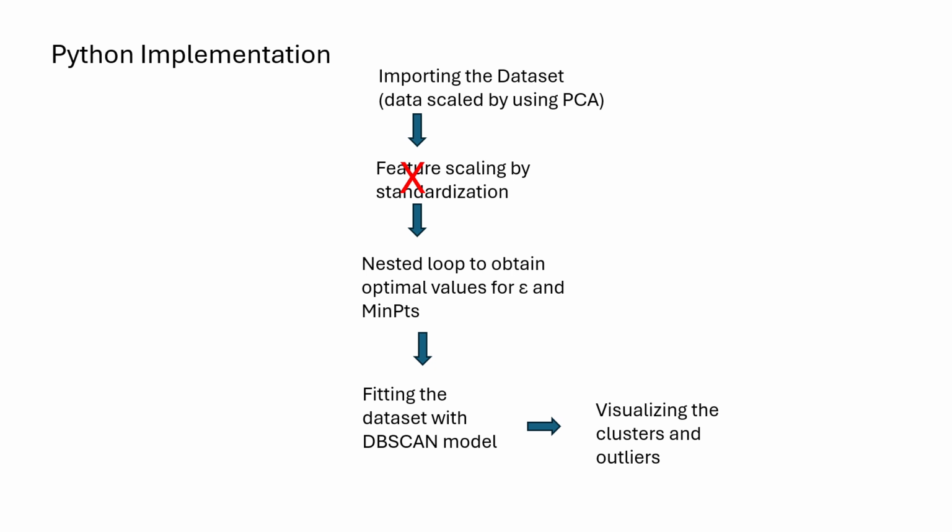A nested loop is then used to evaluate different combinations of epsilon and min points in order to identify the optimal parameter values based on the silhouette score. Using these optimal parameters, the DBSCAN model is fitted to the dataset. Finally, the clustering results are visualized as a scatter plot, allowing the detected clusters and any outliers to be examined.